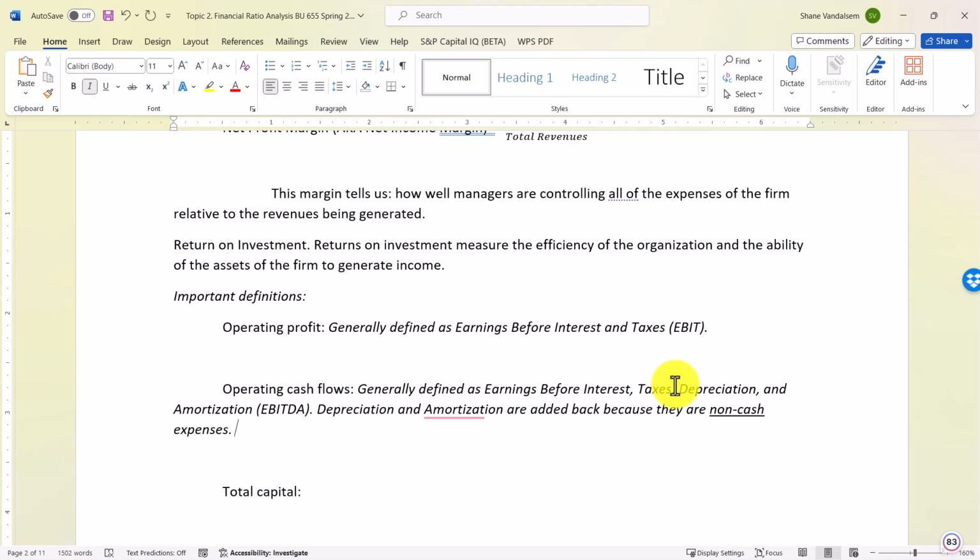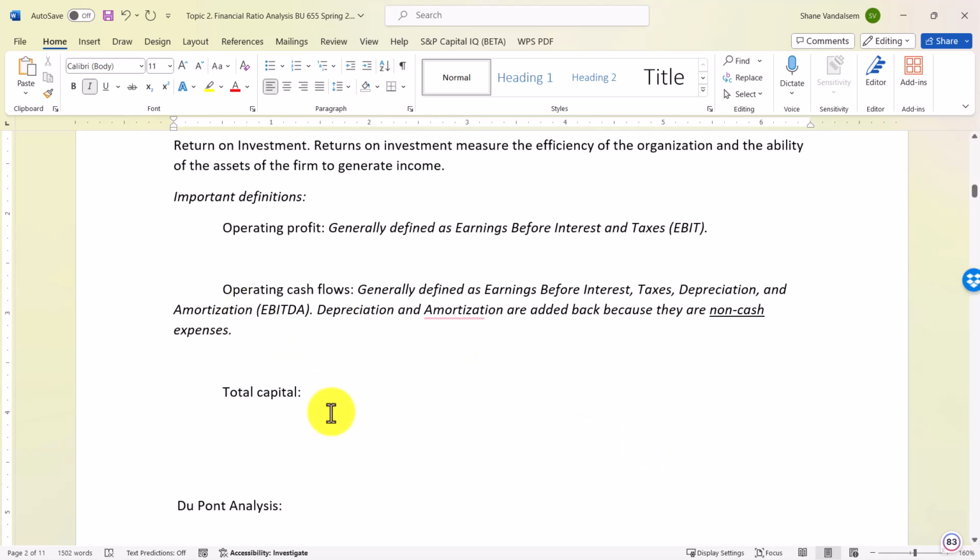Amortization is similar. Amortization is oftentimes recognizing the expense of an intangible item over time after it's been acquired by a firm. Total capital. So this is an interesting one. There are many definitions of what capital is.